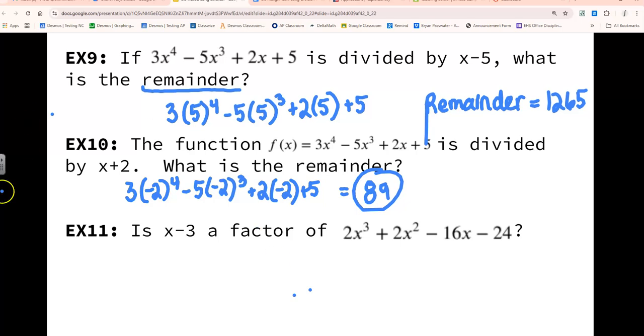The last one we're going to have time to do today says, is x minus 3 a factor of 2x to the 3rd plus 2x squared minus 16x minus 24? For this one, Hector, what do I need to do? This one didn't ask for remainder, but if something is a factor, what's the remainder going to be? 0. So what do I need to do to find the remainder?